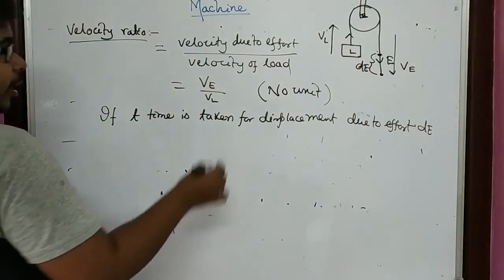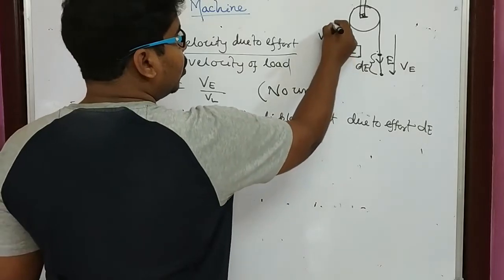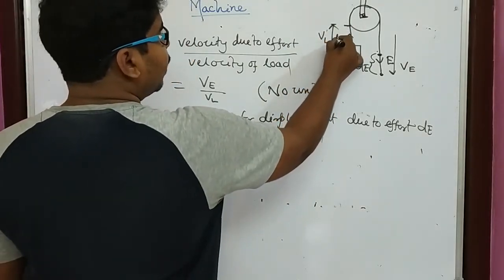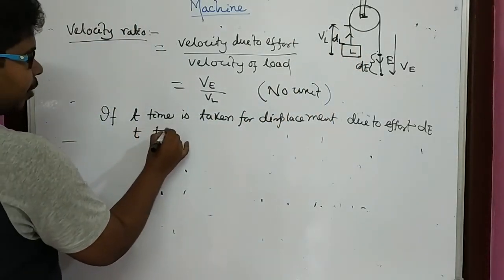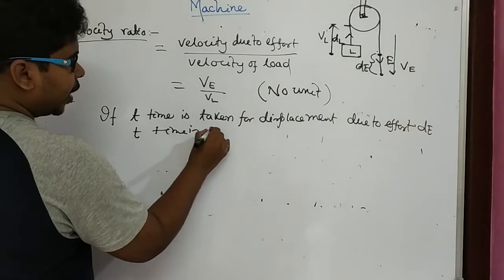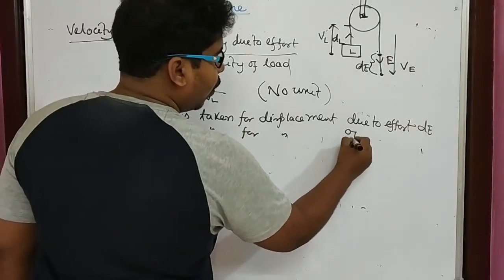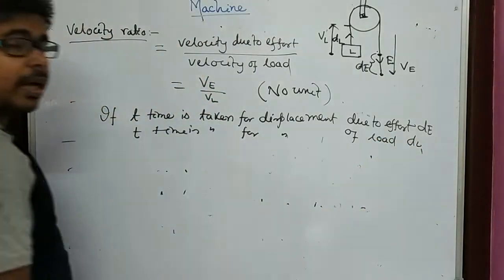Okay, and in the same time the load is lifted from here to here. Assume the load is coming here. That displacement we have taken as dL. So T time is taken for displacement of load, that is dL. The same time is taken.